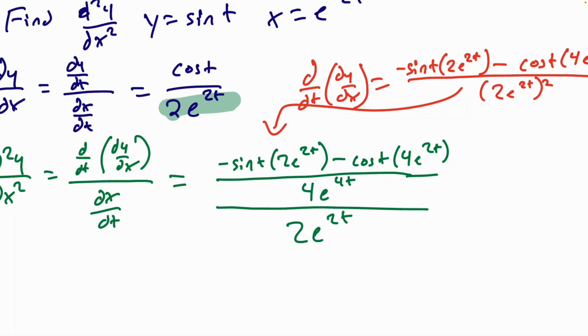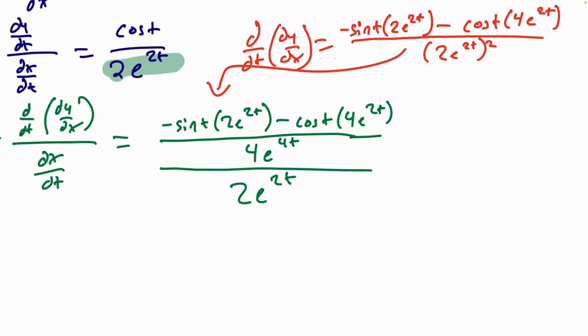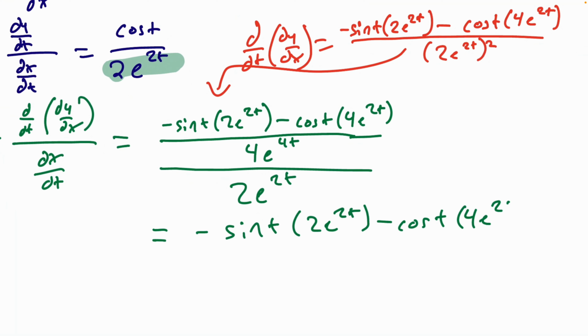Now, you really need to look at ways to simplify this for multiple choice questions. And so we already said the numerator of the second derivative part we cannot simplify. But we do have that over 4e to the 4t divided by 2e to the 2t. And so whenever we multiply by that reciprocal, we end up with this. Negative sine t times 2e to the 2t minus cosine t times 4e to the 2t.